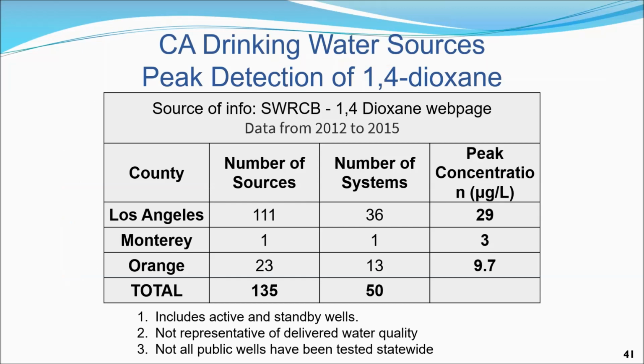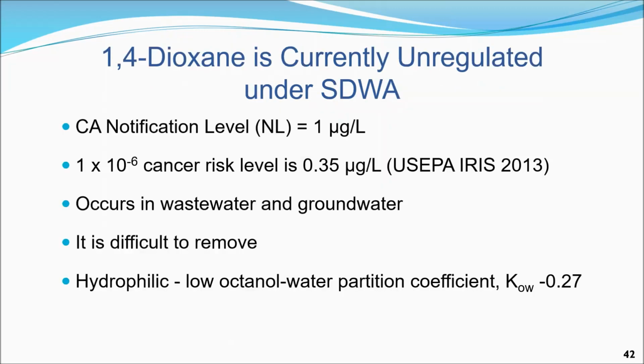Now in California, we do have a lot of contaminated groundwater, and this is roughly what is in California. Many are standby inactive wells, so they're just sitting there. Very few are treated, but some have advanced treatment, which I'm going to go into. In California it's considered an unregulated contaminant, but we have something called a notification level.